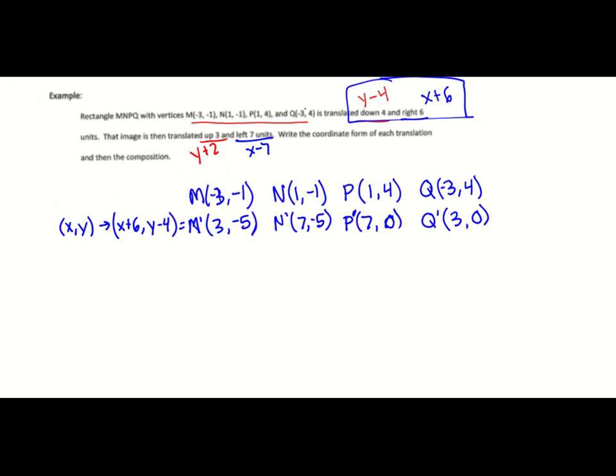Then I'm going to take that and transform it again. So the way I'm going to write that is taking my new x prime, y prime, and I'm going to translate it this time. I have x minus 7, which is x prime minus 7, and then y prime plus 2.